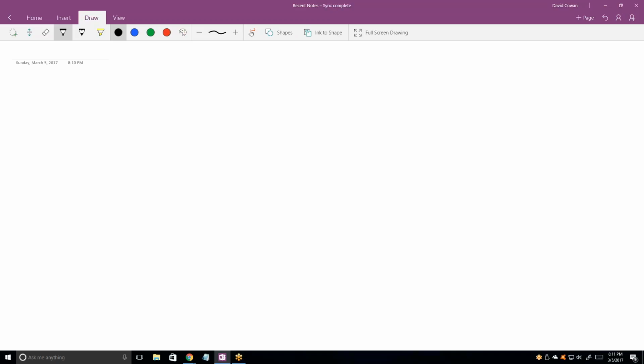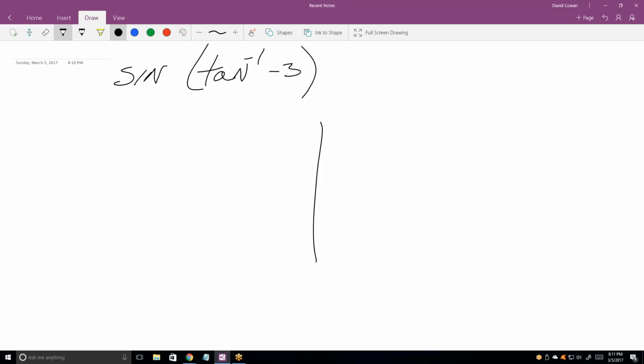Sine of inverse tangent of -3. First step? Draw the triangle. And? Gotta label theta.